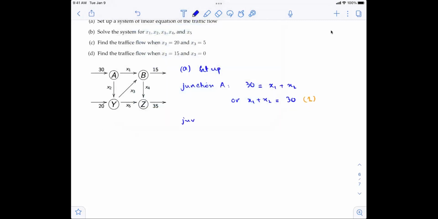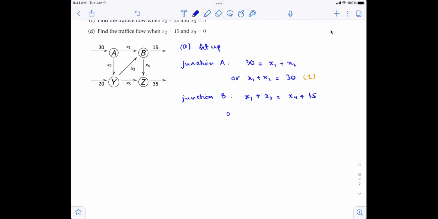For junction B, we have x1 and x3 coming in, x4 and 15 going out. So x1 plus x3 equal to x4 plus 15. Therefore, you have x1 plus x3 minus x4 equal to positive 15. So that's the second equation.